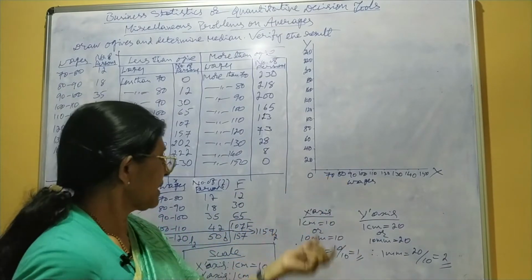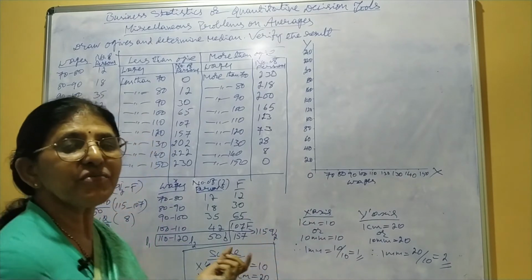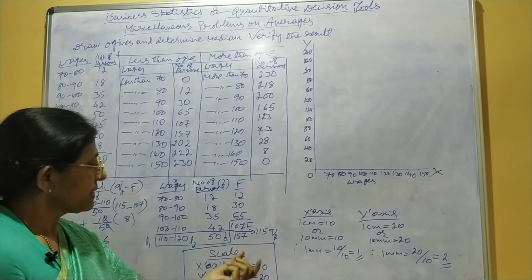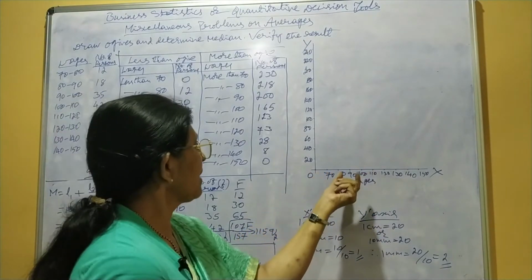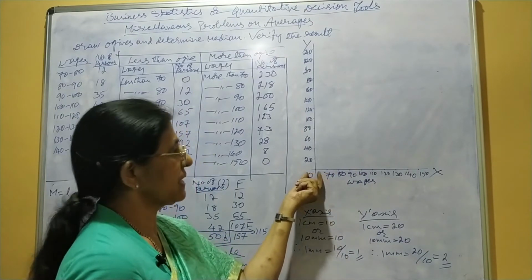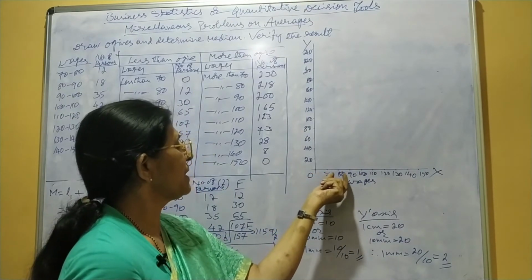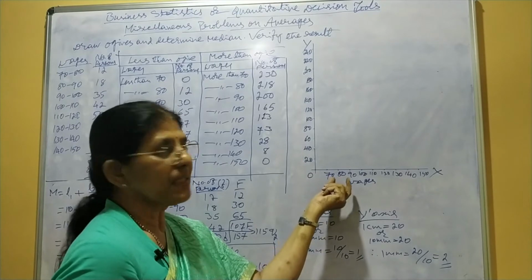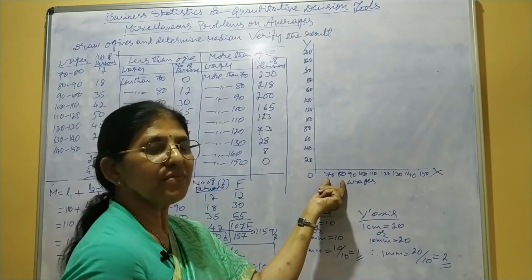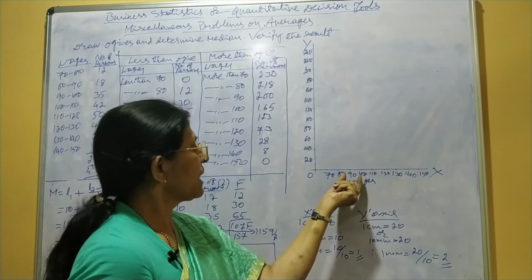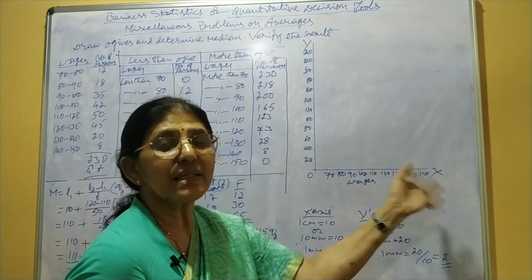Then here it doesn't match with the scale. The scale is 10. Then onwards, this is also the same 1 centimeter. 70 to 80 is 1 centimeter, and thus it matches with the scale 10; 80 to 90, 10. Till the end it is like that.